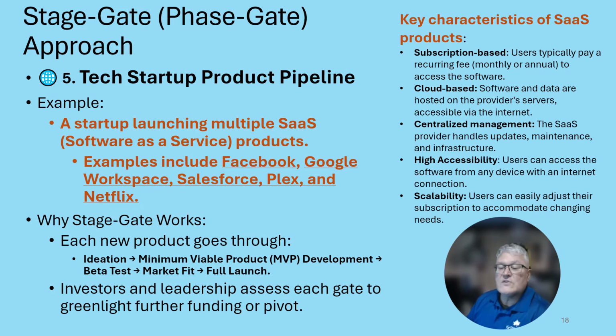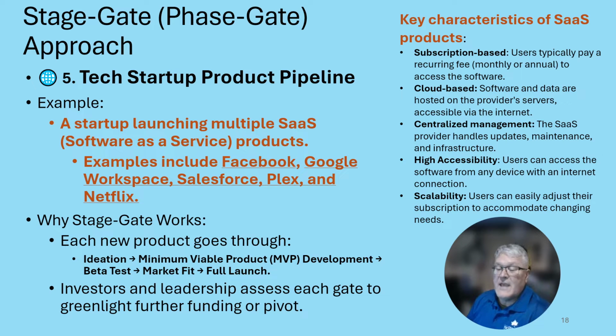A tech startup product pipeline is another example of the stage gate or phase gate approach. In this example, a startup launching multiple software service products is being provided. This might include development of Facebook, Google Workspace, Salesforce, Plex, and Netflix.